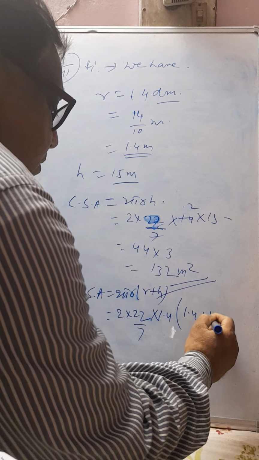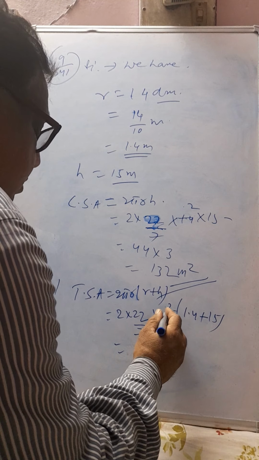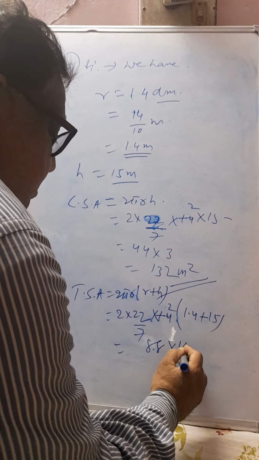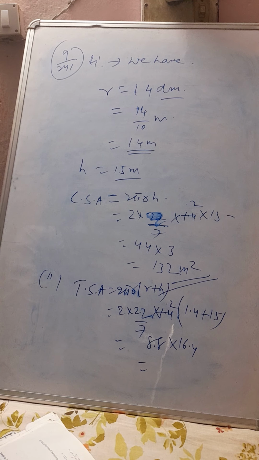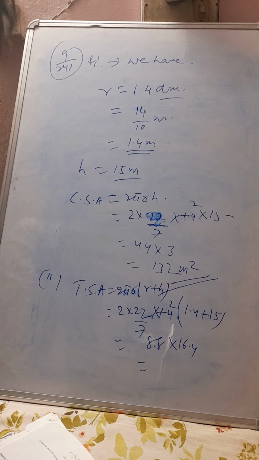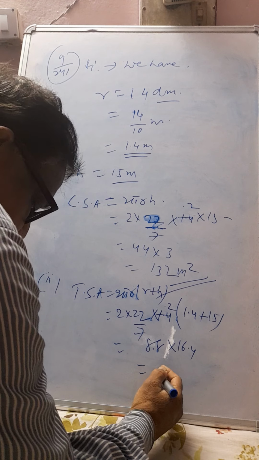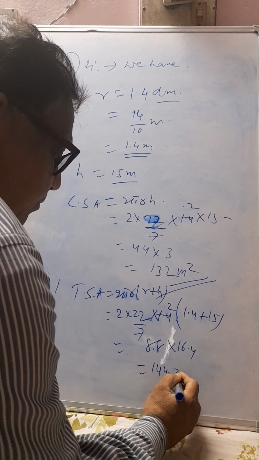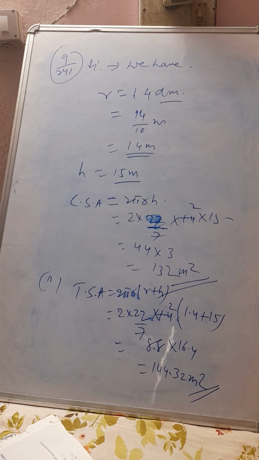So 1.4 plus 15 is 16.4. This must be equal to 8.8 into 16.4, which gives 144.32. 144.32 meter square is the right answer.